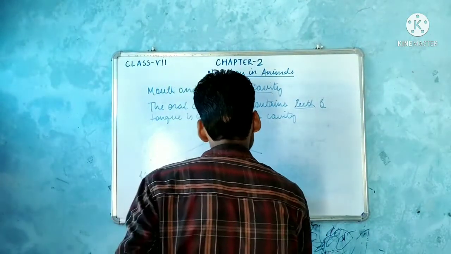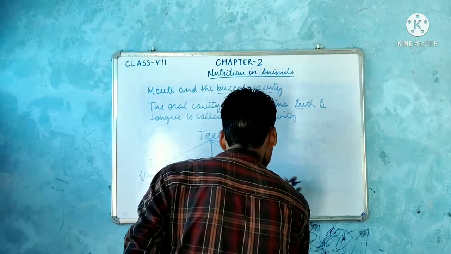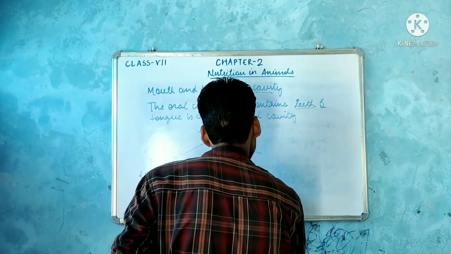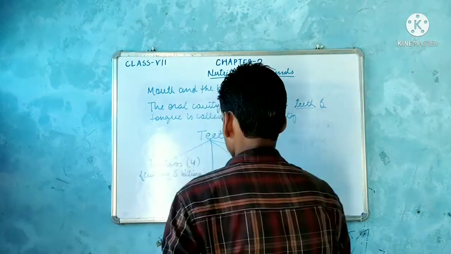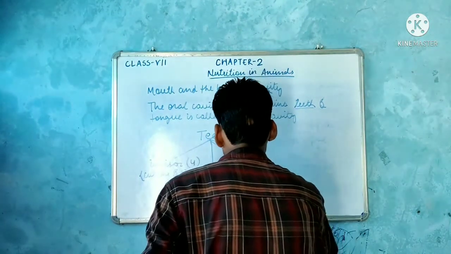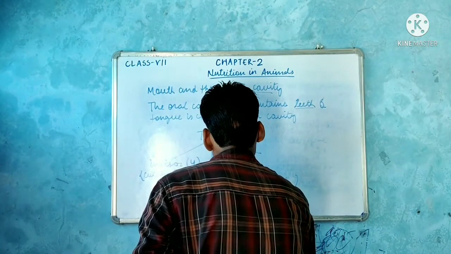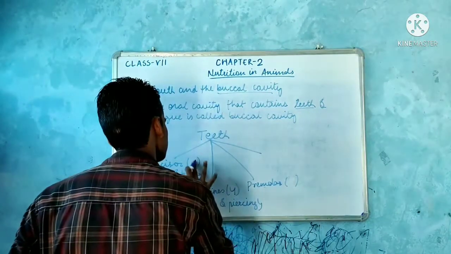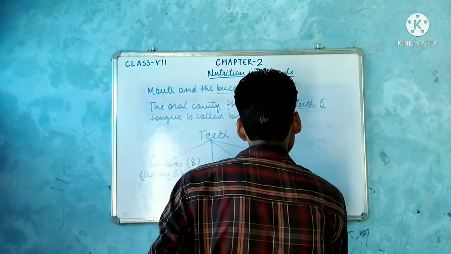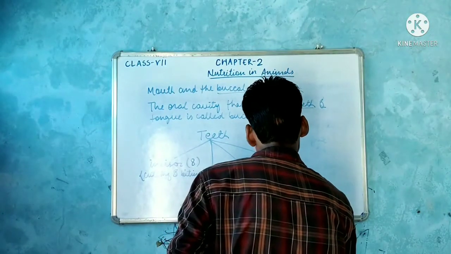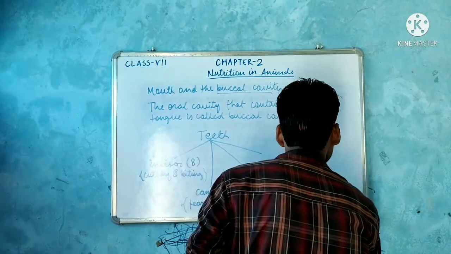Third type of teeth is premolar. It is 8 in number. It has the function of grinding and crushing.